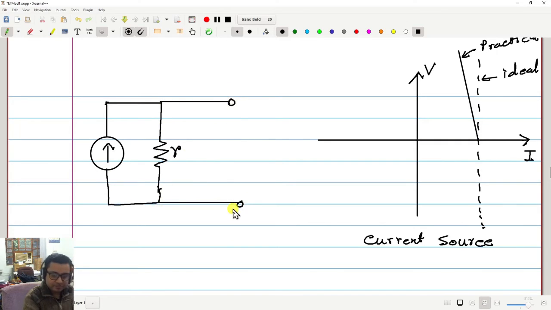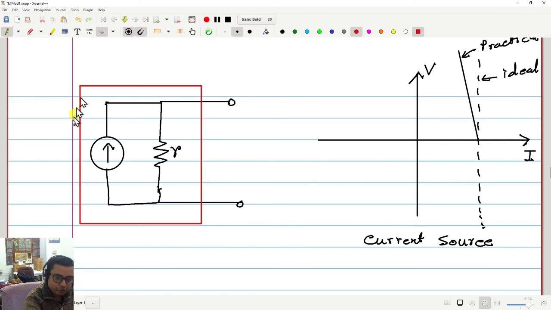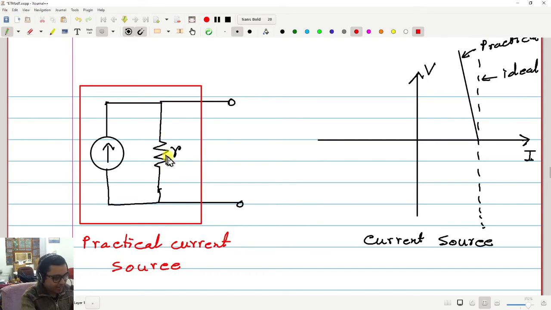Now, this current source together with this internal resistance form a practical current source. And this resistance is inside the source. You cannot separate it from the source, you cannot get inside the source.